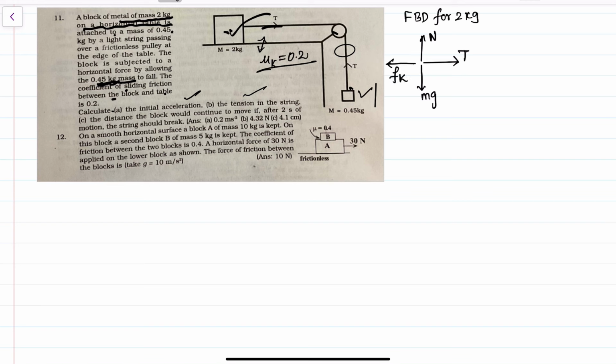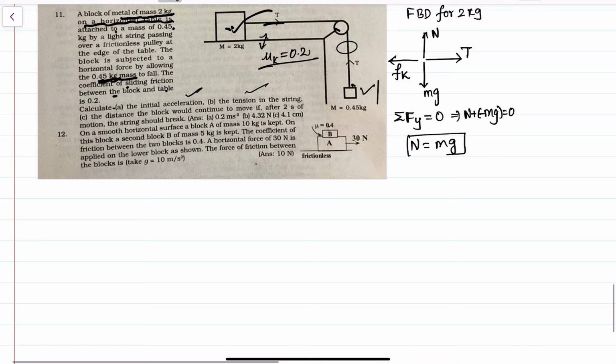Kinetic friction acts in the left direction. Okay, so now, is there any motion along the y-axis? No. As there is no motion along the y-axis, sigma Fy equal to 0. That is, N plus minus mg is equal to 0. Therefore, N is equal to mg in this case.